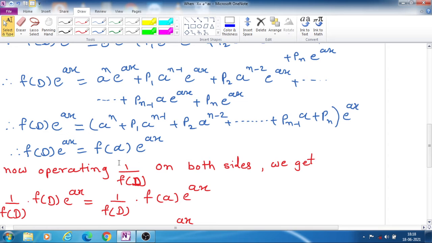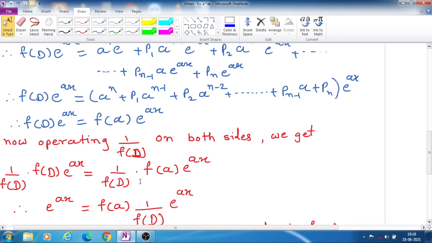Therefore this bracket is f(a), the value of f of a, into this e raised to ax. So we got the equation: f(D) e raised to ax is equal to f(a) e raised to ax. Now we have to find the particular integral, that is, we have to find 1 upon f(D) e raised to ax.